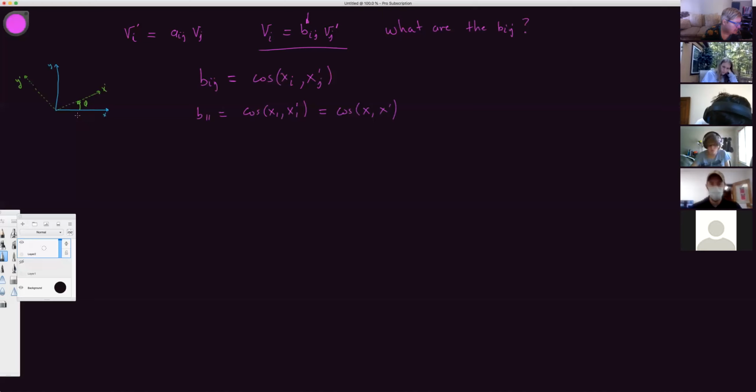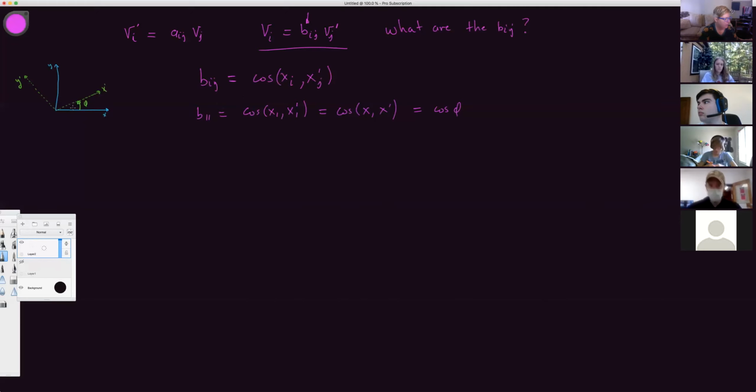Does that make sense? So if we think about what the bij's are here, we just have to look at the direction cosines. So this is just going to be phi. Now, if you think about the way that direction cosines work, this is the direction between x and x prime.